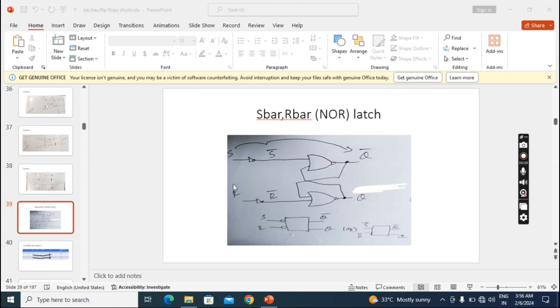I actually give SR values, they will become inverted and they will go to the NOR latch, so that I will get output accordingly. And here, straight to S and R, I have to connect Q and Q bar. That is the construction of the latch. And in the symbolic diagram you can see, if I show SR you have to use bubbles, but if I show S bar R bar you need not use bubbles.